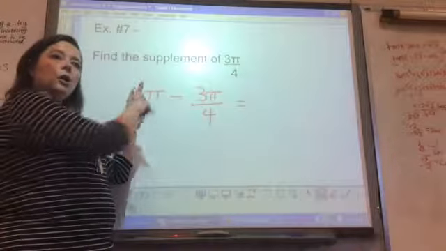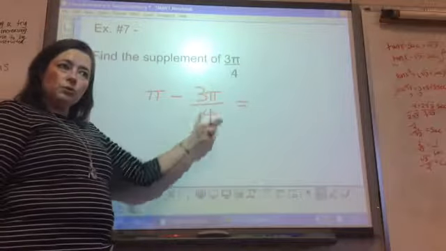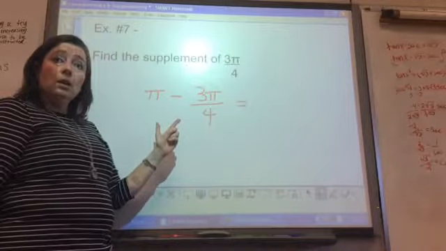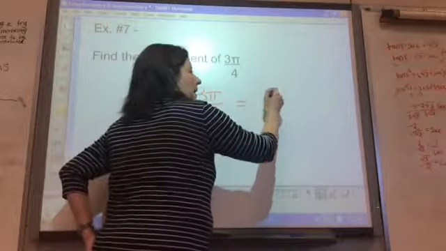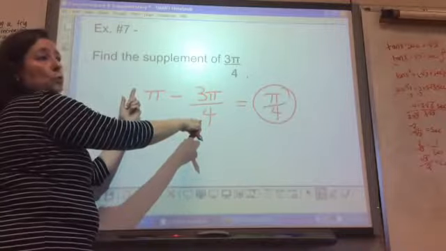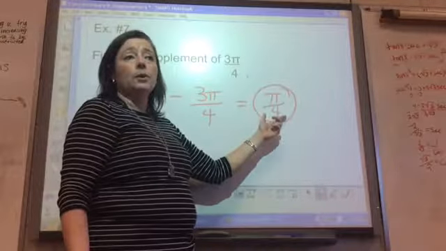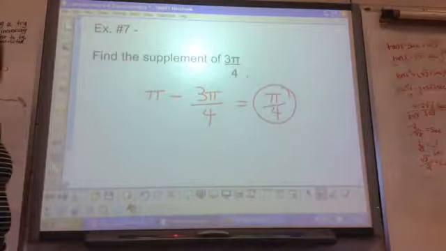I've got 1 whole pi minus 3/4, and it would leave pi over 4. So 1 whole minus 3/4 leaves a 1/4. Or do it in your calculator. But this one you can kind of logic out.